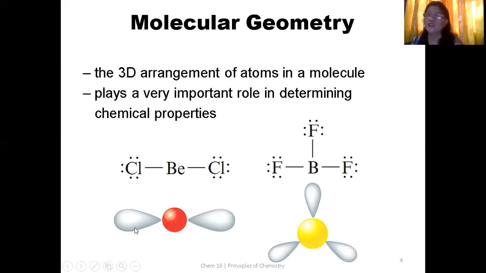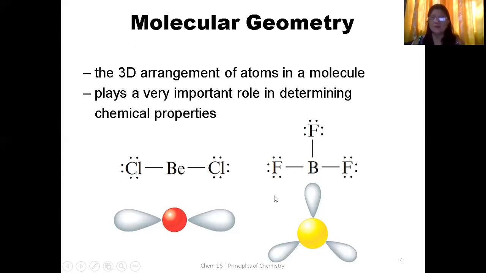The shape is called linear because it is just in a line. This is trigonal, which means three. Tetrahedral has something to do with 4 sides. So this will be your boron and this will be your fluorine.